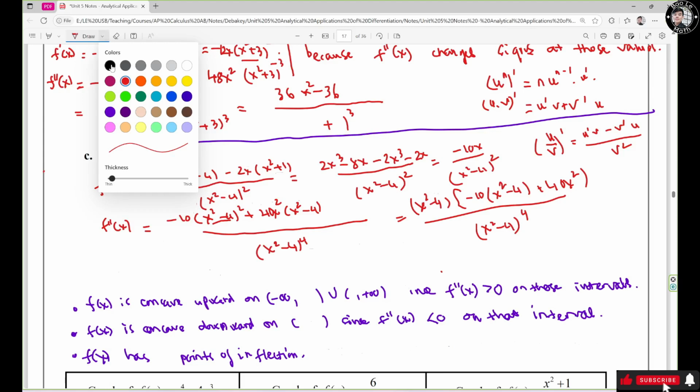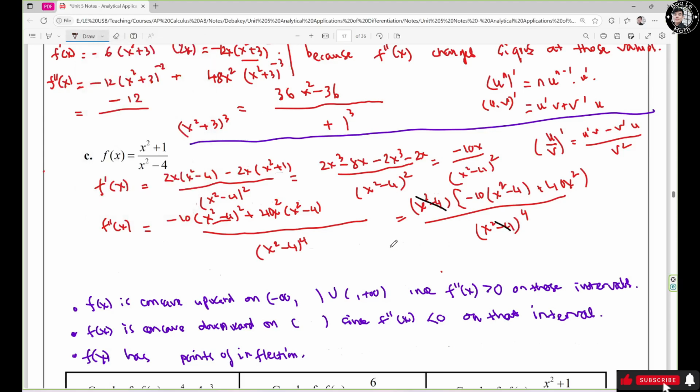Now this guy cancels out. Now I need to distribute this guy, right? So the numerator becomes 40s squared subtract 10s squared, it could be 30s squared, right? Negative 10 times negative 4 is going to be plus 40, right?